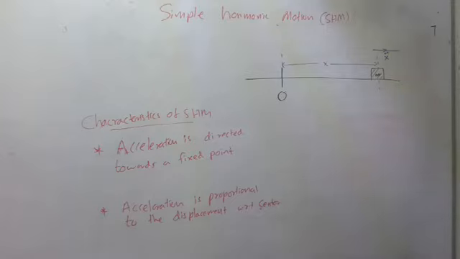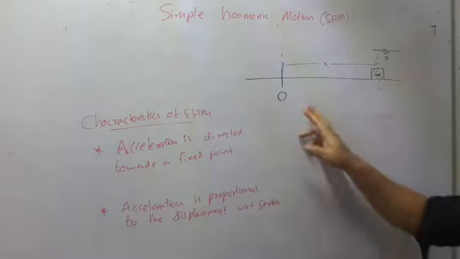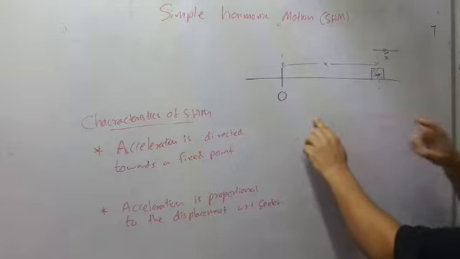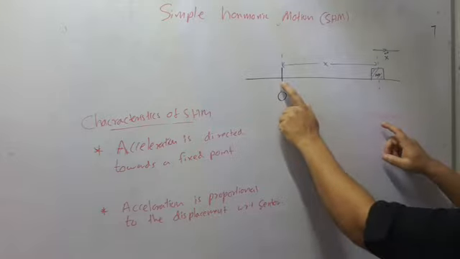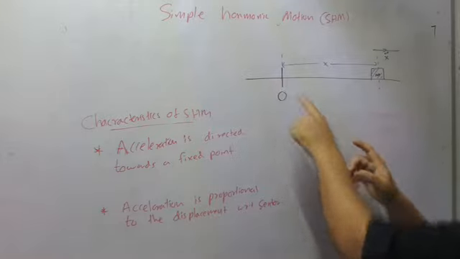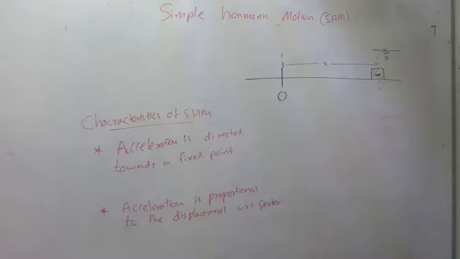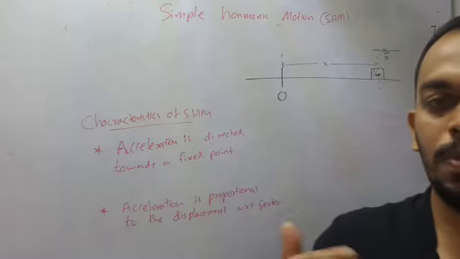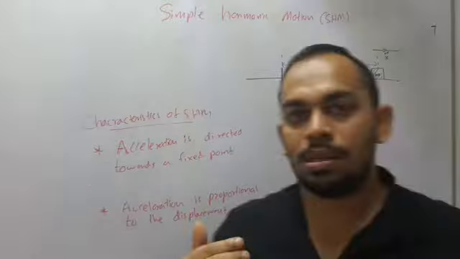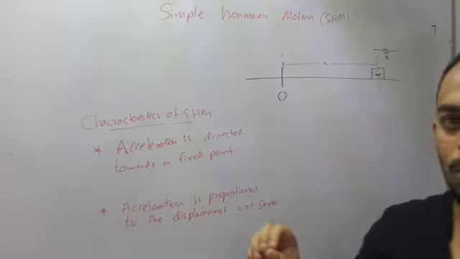So what are the characteristics of simple harmonic motion? Now look at this diagram. We take this point to be the fixed point. When we describe the displacement of a particle, we always describe the displacement with respect to a fixed point.